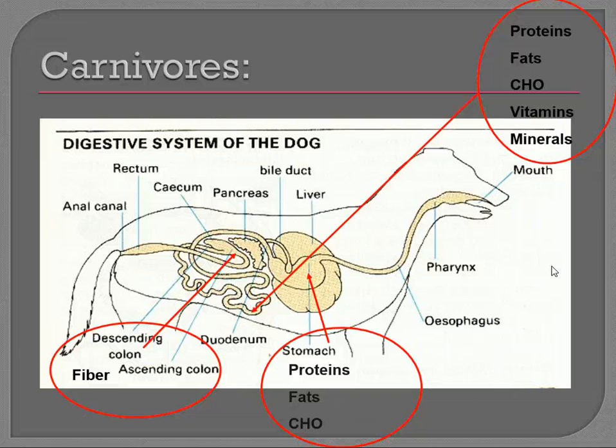So when you look at this as a dog, you're going to have this coming in, and this is what we talked about before. You've got all this nice short tube with the esophagus. You move into the stomach, and then you move into the small intestine. Here's the cecum. And there's not a lot of fiber, so this area is really short, and then boom, right out the back of the dog.